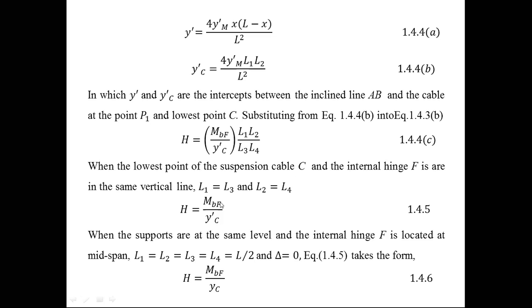H is equal to, what is our cable analysis? Knowing the bending moment at that particular point and the ordinate, we directly get H. The same came here. Y dash means it's at different levels. Suppose the supports are at the same level and the internal hinge is at mid span.